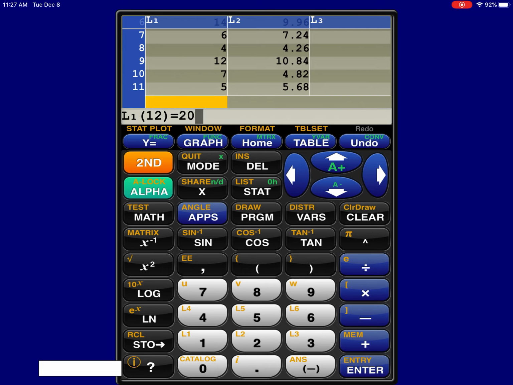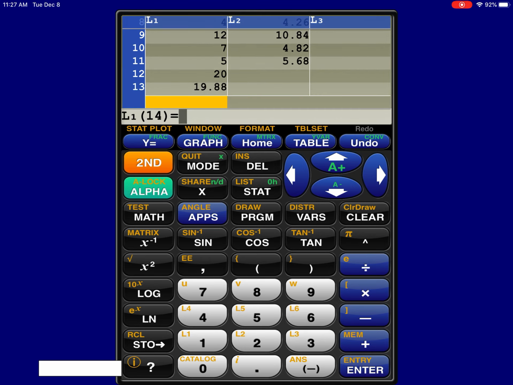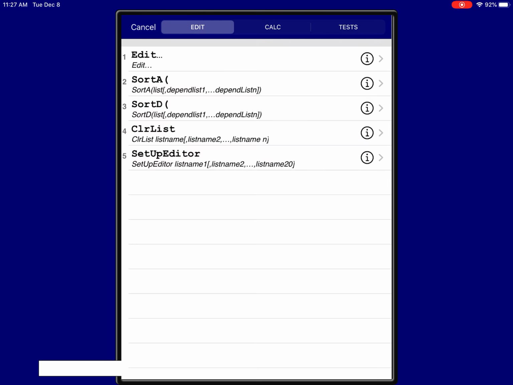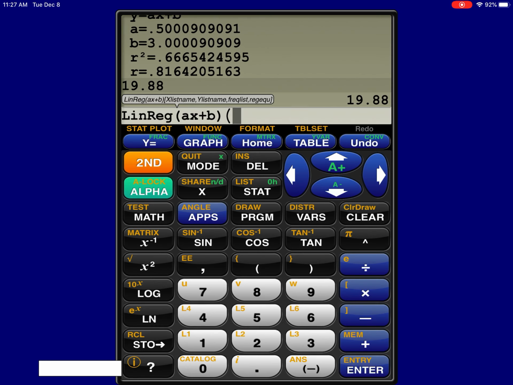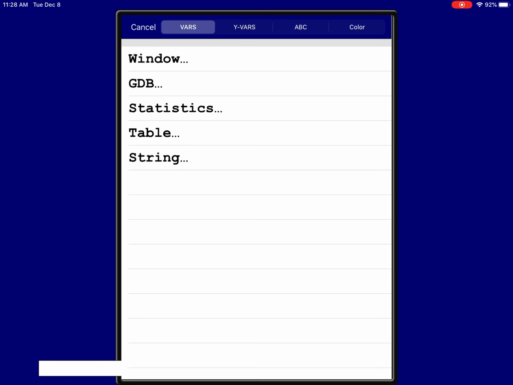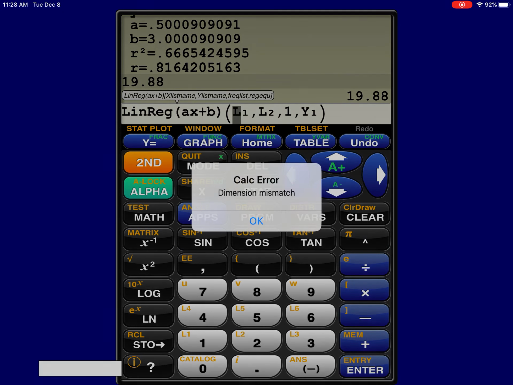So 20 and then 19.88. Nope, that went on another list. Delete. Stat, calc, linreg, L1, comma, L2, comma, 1, comma, vars, y1. I just want to make sure, just in case we have to graph it later.